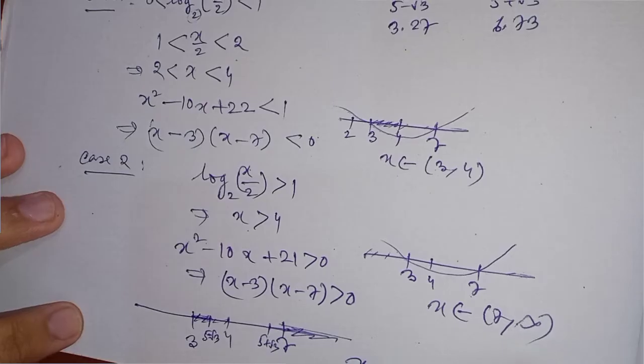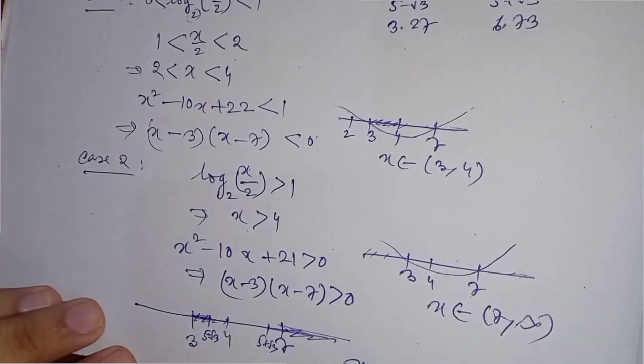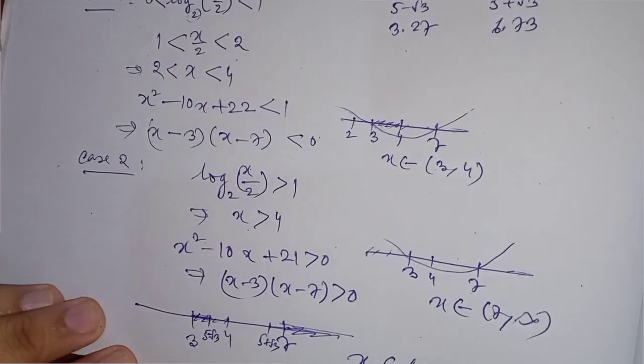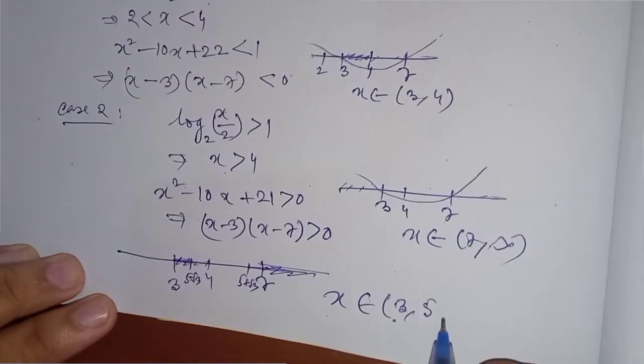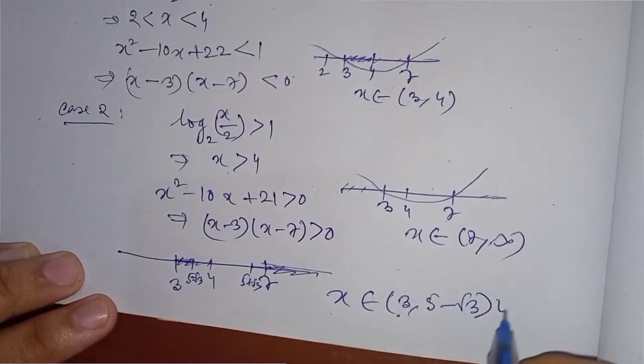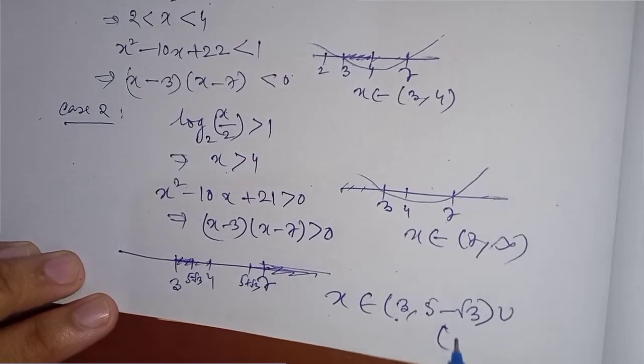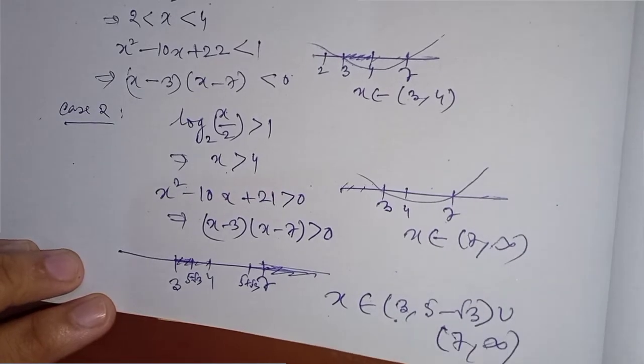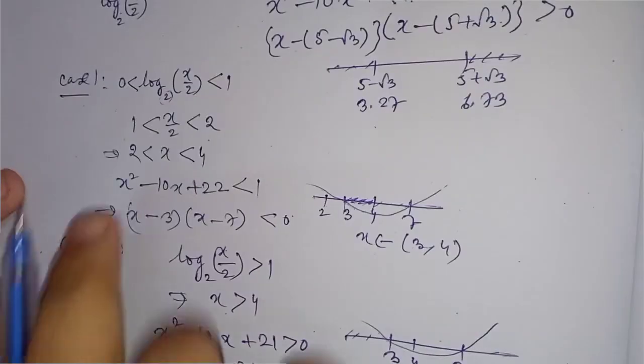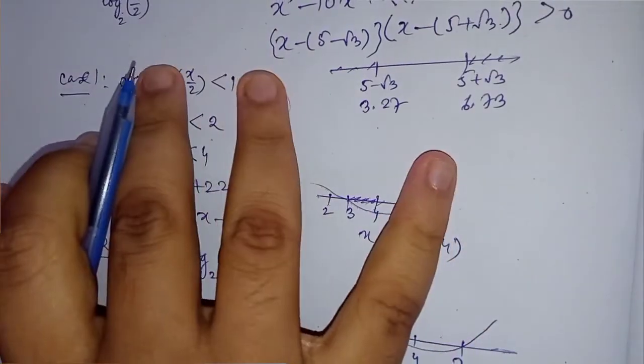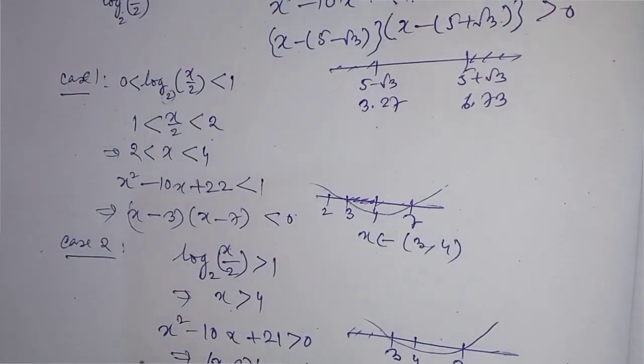So our final solution is x belongs to 3 to 5 minus root 3, and we will take the union with 7 to infinity. So this is the final solution. So we have to solve by these cases. That is, in one case the sign of the inequality will change and in one case it will not change.